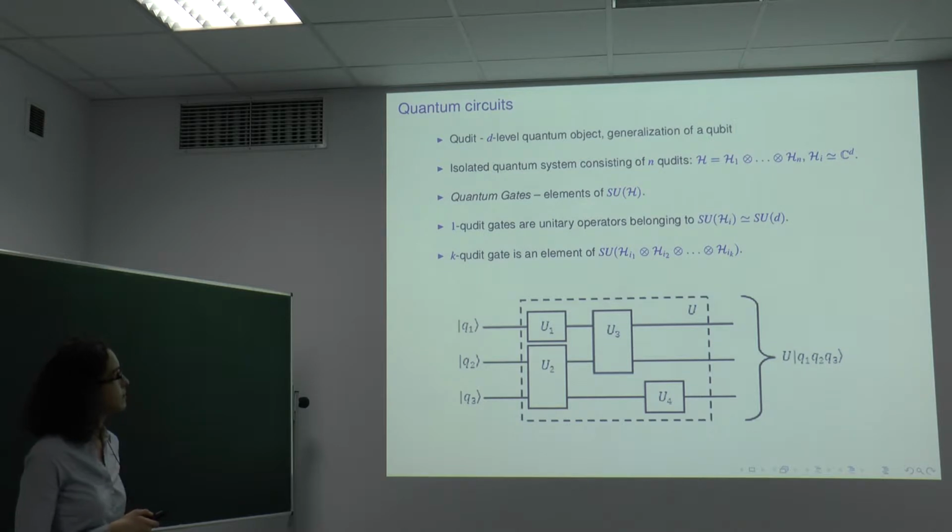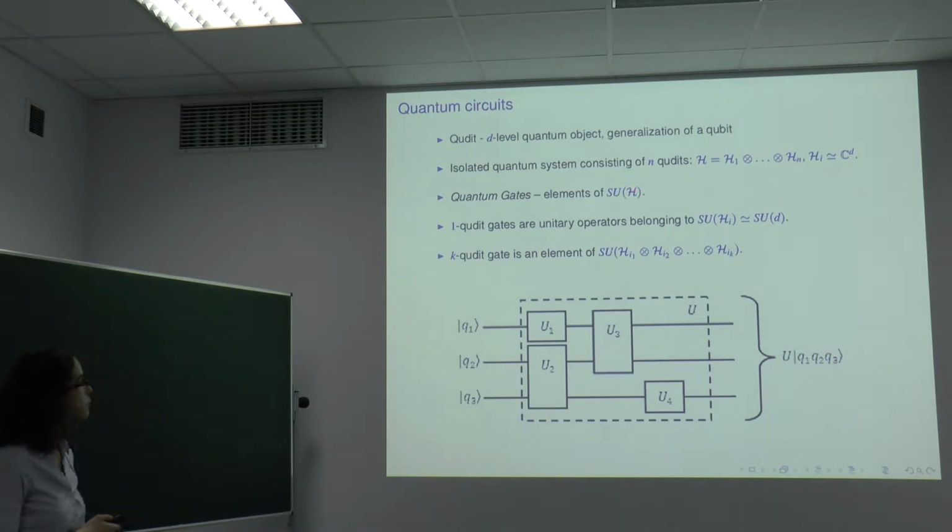The basic operations performed on the qudits are called quantum gates, and because they are unitary operations, they are elements of the special unitary group acting on the space H. Among quantum gates, we can distinguish the gates acting on one qudit, which are unitary operators belonging to a space isomorphic to the group SU(d), and the gates acting on more than one qudit, in general k-qudit gates, which are elements of this space.